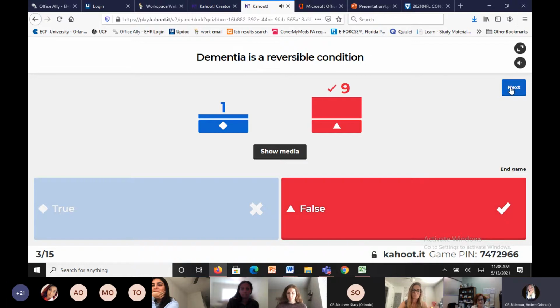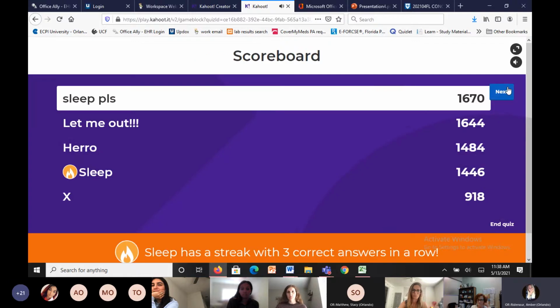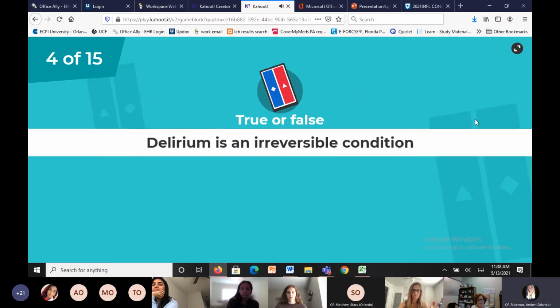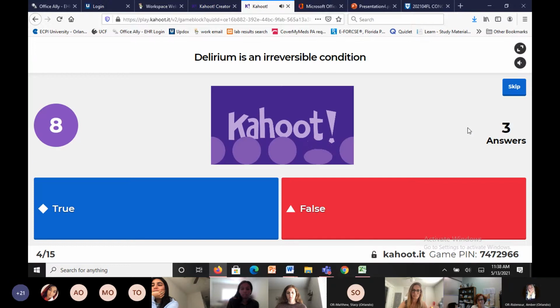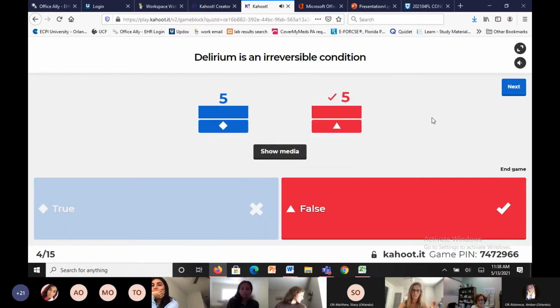It is irreversible. So it's a tie, but it's actually false that delirium is an irreversible condition, because delirium is reversible.